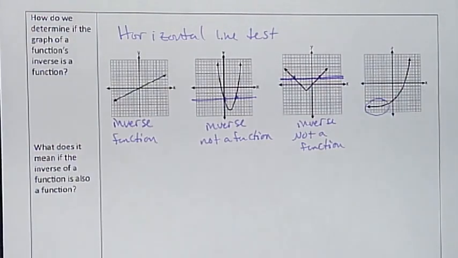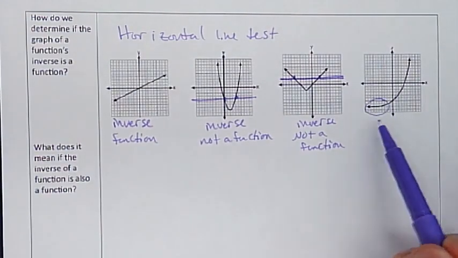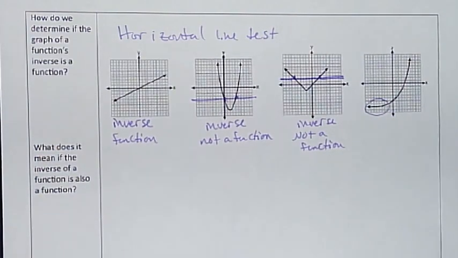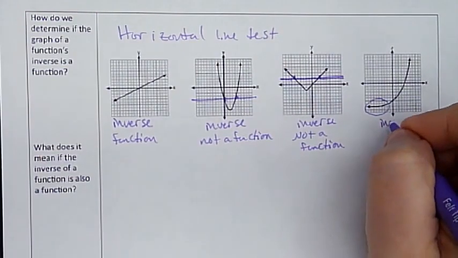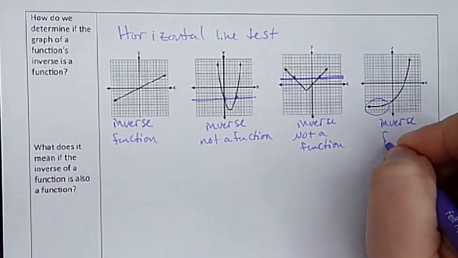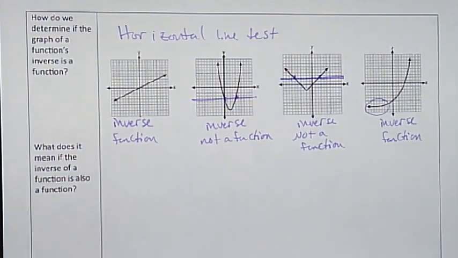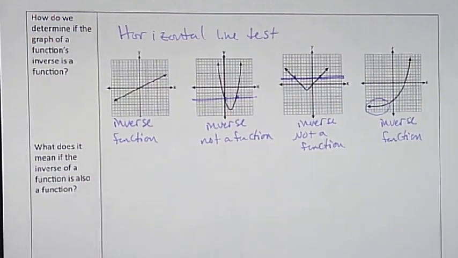So be very careful about these horizontal asymptotes, because it'll look like the horizontal line test would say that the inverse is not a function when it actually is. So the inverse of this is a function. So we've determined whether a graph is a function, and we can look at that same graph and use the horizontal line test to determine if the inverse is a function.